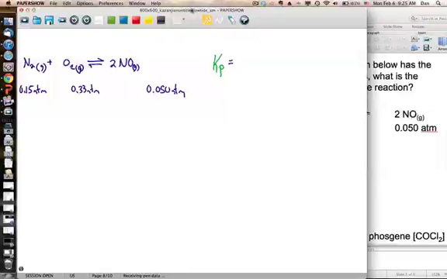Again, it's going to be approximately products over reactants, and so that'll be NO squared divided by the partial pressure of NO squared, all divided by the partial pressure of N2 times the partial pressure of O2.